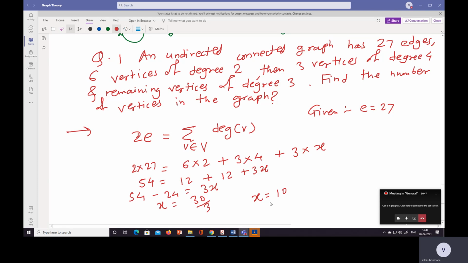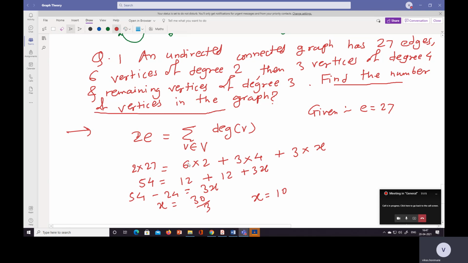So what is the question asked here? Find the number of vertices in the graph. Whether we got the answer? No, not yet, because we have just found out the remaining vertices.